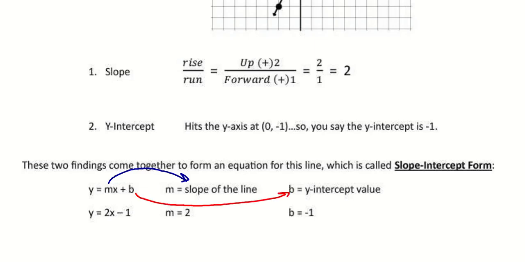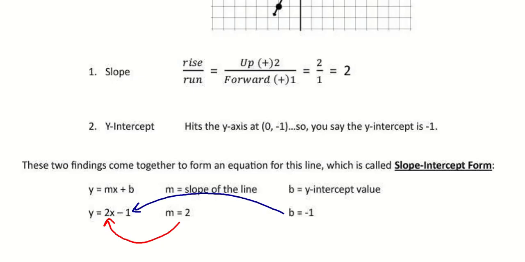So I just plug them in. The slope of 2 goes right here, and the y-intercept of -1 goes right there. And I get an equation for the line, which is known as slope-intercept form. That equation is my roadmap for determining what my line is doing on a graph.